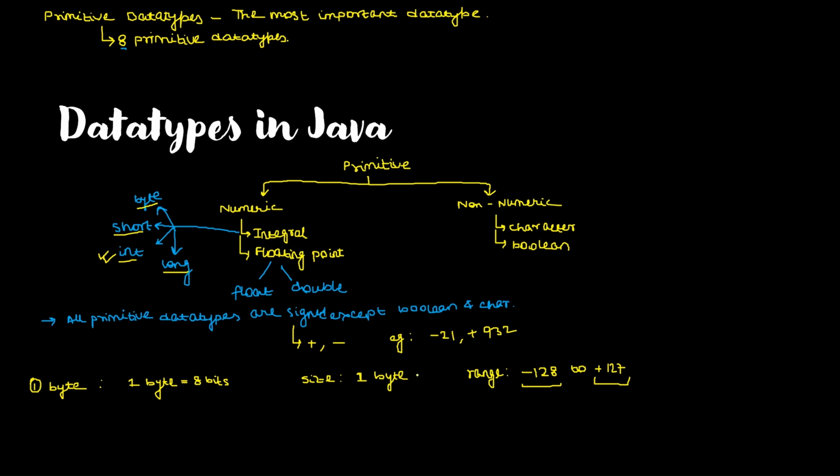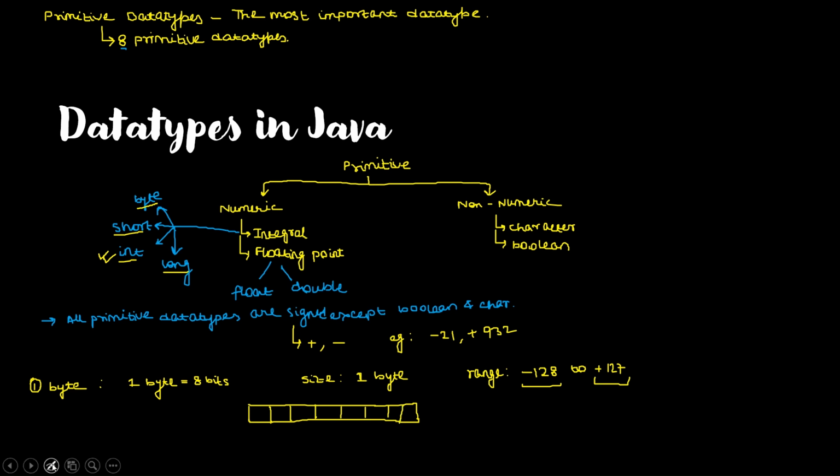Now how could we understand this? I just explained to you that 1 byte is equal to 8 bits. So let's create some rectangles and work it out. So I said 8, right? 1, 2, 3, 4, 5, 6, and 7.